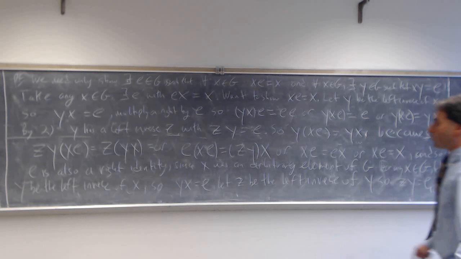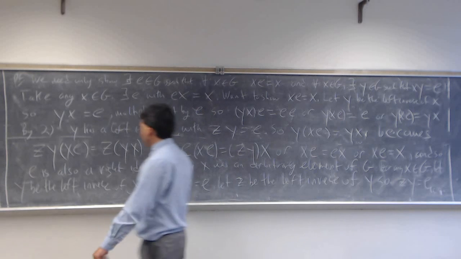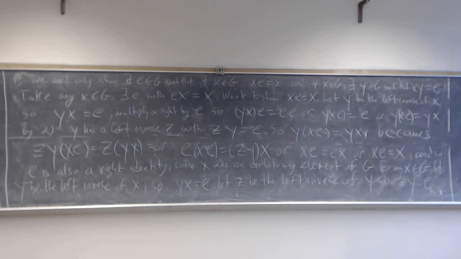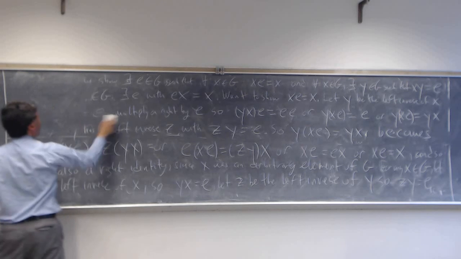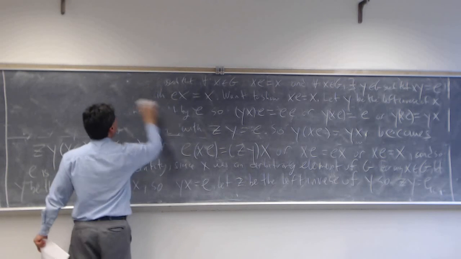Okay, so let me erase a little bit. But remember, we've already proven in this proof, we haven't completed the proof of the theorem, but we have proven that the left identity E is also a right identity. And so we're going to use that.